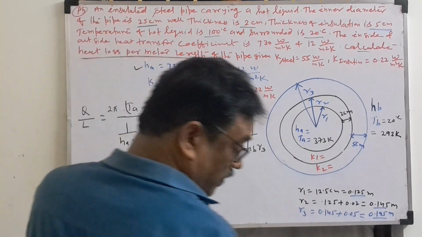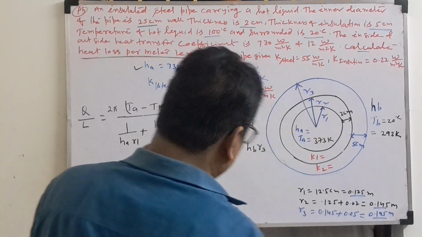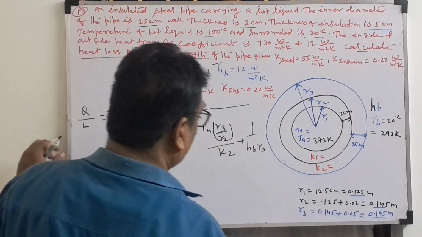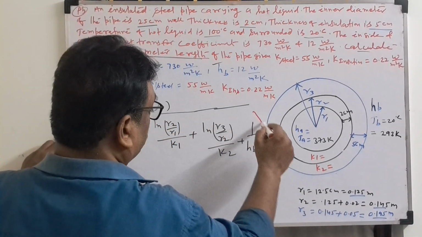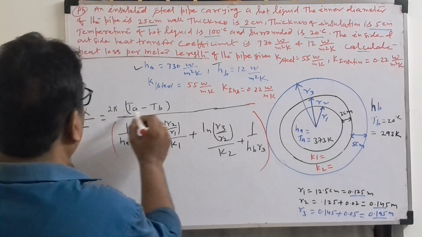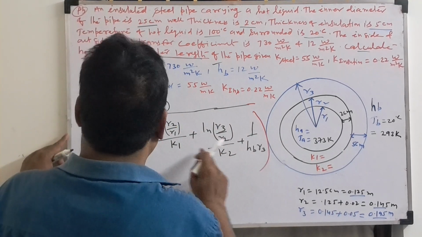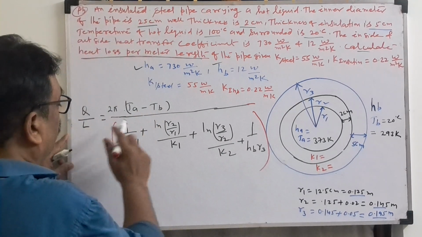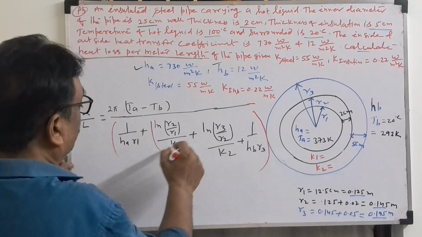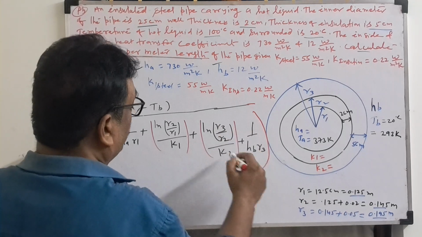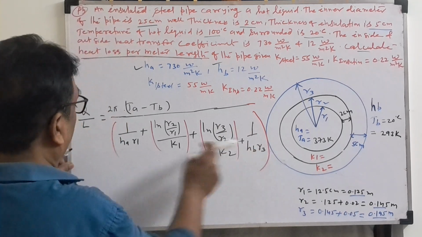This is our formula. So for the total thermal resistance and overall temperature, 2 pi is common, that's why we wrote it separately: two conductive and two convective terms.